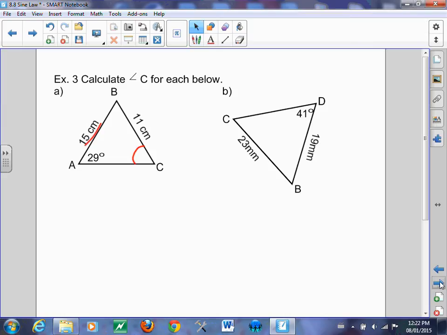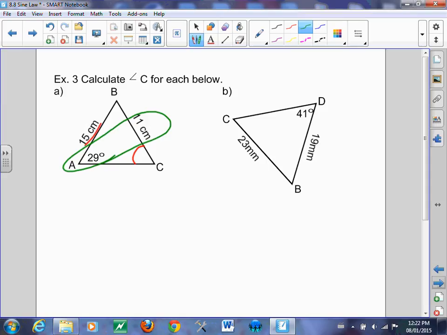Looking at our triangle, folks, do we have a 90-degree angle? No, because it's not given. Can't use SOHCAHTOA, can't use Pythagorean theorem. Do we have a match? Yes. A is our match because we've got angle A and side A that have measurements given. What are we trying to find? We're trying to find C. So I'm going to put up the initial form: C over the sine of C equals A over the sine of A. Let's plug in our information.